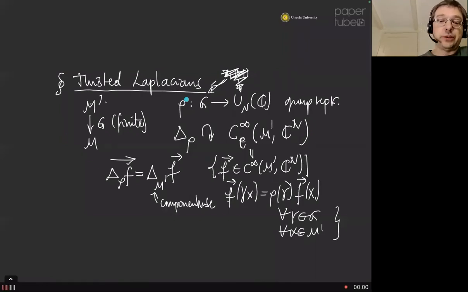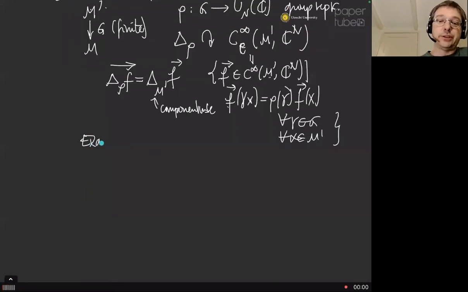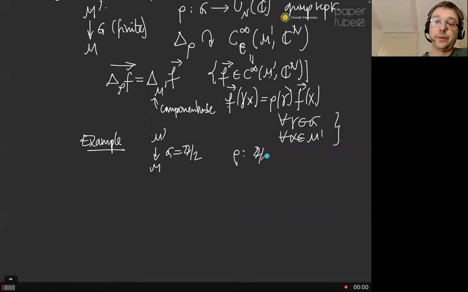I wanted to tell you one example, which is an untypical example maybe. If you have a 2-cover, so a cover with group Z/2, and you take the unique non-trivial character, the n is 1 case.